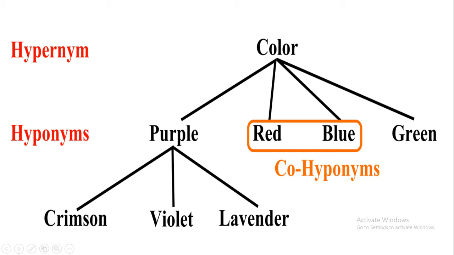And at the same time, the word purple can be treated as a superordinate term, and the different kinds of purple, which are crimson, violet, lavender, these will be treated as hyponyms.